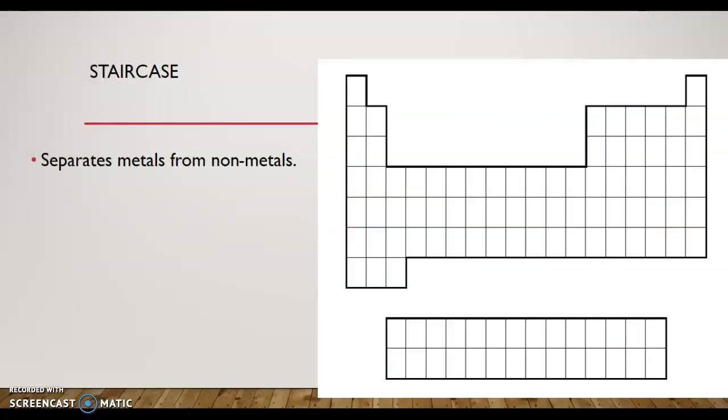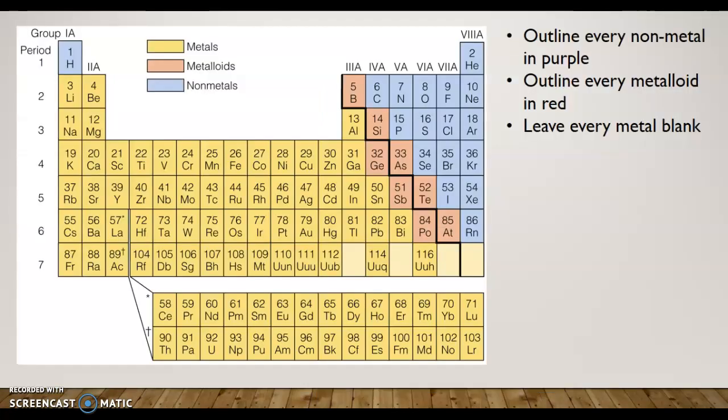There is a staircase that separates the metals from the non-metals on your periodic table. So it tracks like this here. I want you to go ahead and label metals to the left, non-metals to the right. Here's a better picture that shows you the staircase right here. Our metalloids surround the staircase. I want you to go ahead and take a moment.